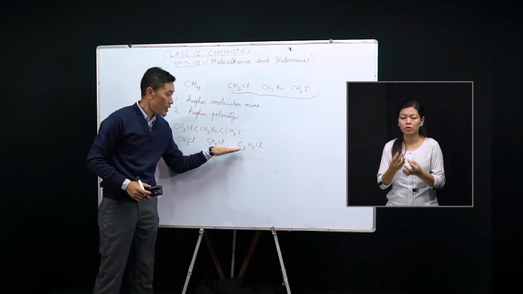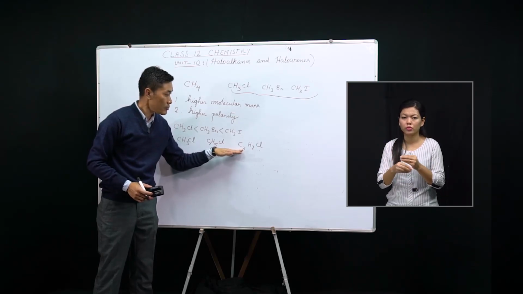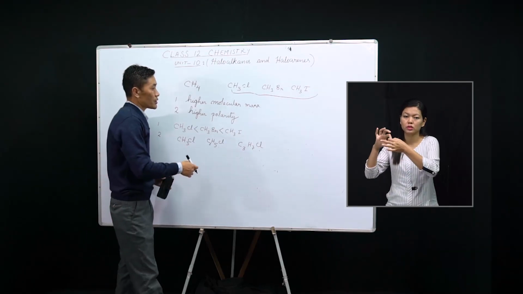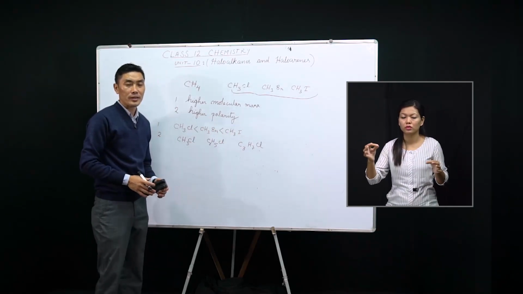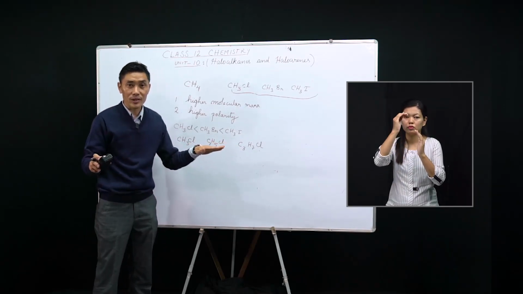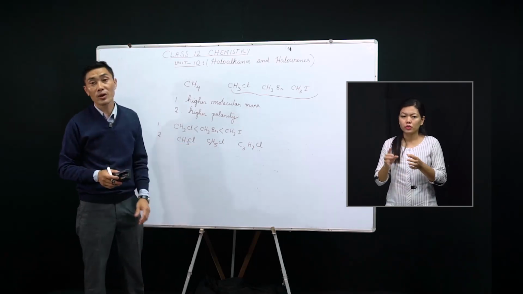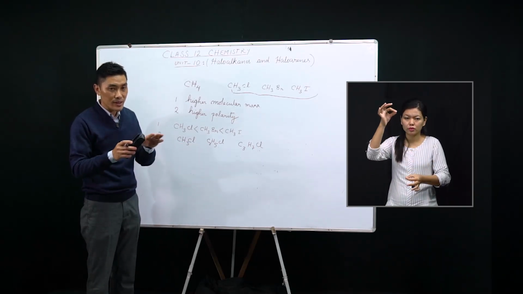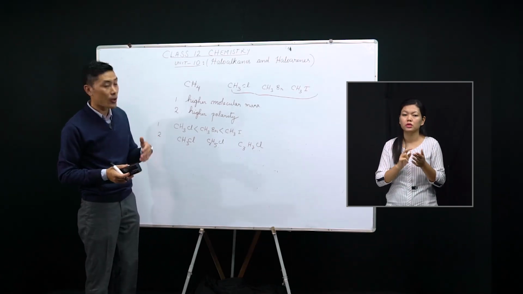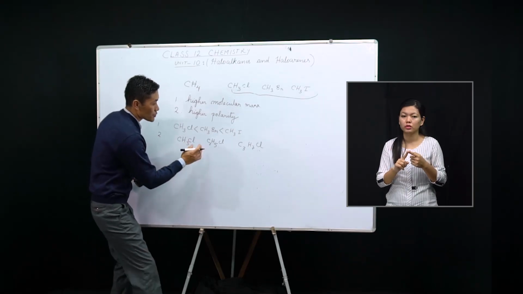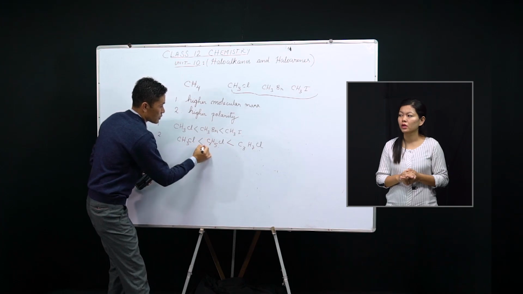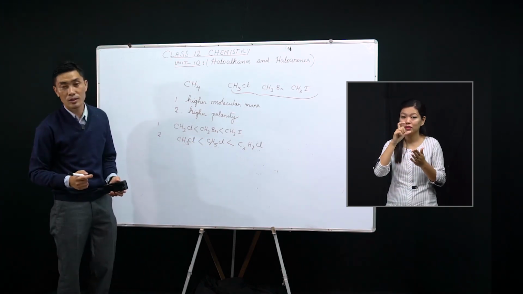The more the number of carbon atoms in the molecule, the longer will be the chain length, and therefore the higher will be the boiling point. Why? Because when the chain length is longer, the surface area of the molecule is more. When the surface area is more, the magnitude of van der Waals forces also increases, and therefore boiling point will increase. So in this case also, chloropropane will have the highest boiling point and chloromethane will have the lowest boiling point.